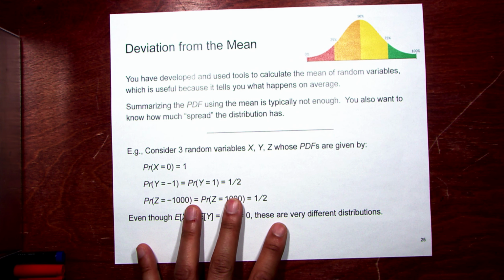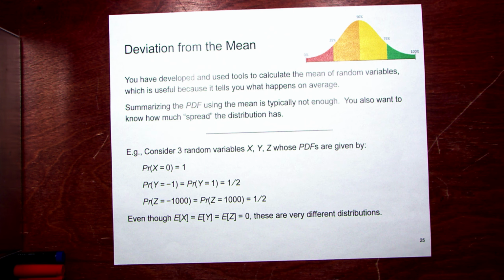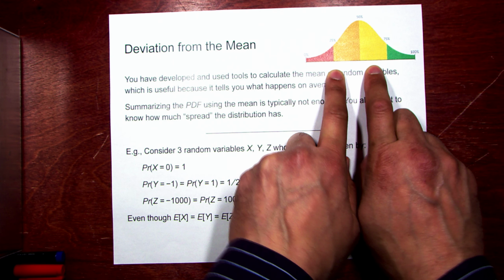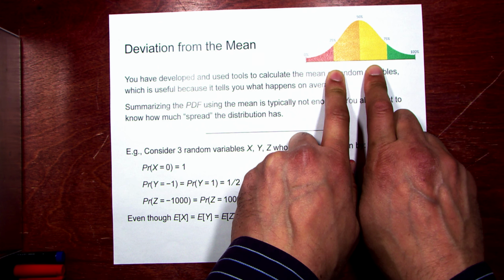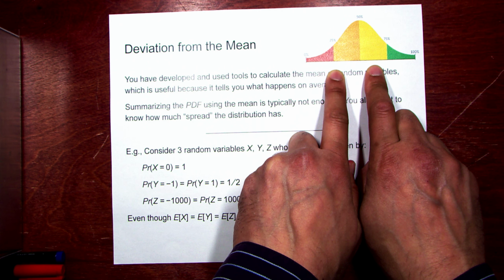So we talk about spread. That's the other main metric that we use to analyze distributions, and where it's centered is usually not enough. For an example below, this is a Gaussian curve. We don't do a lot of Gaussians here, but it's very classic.